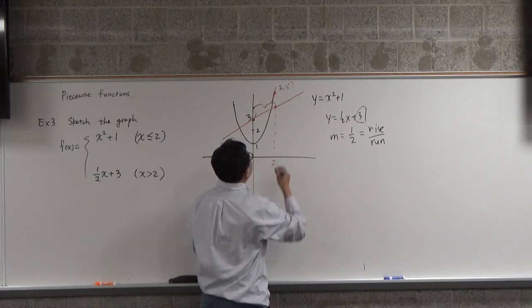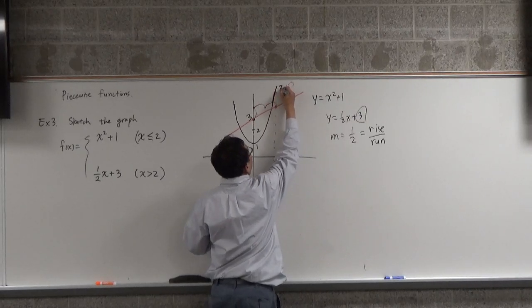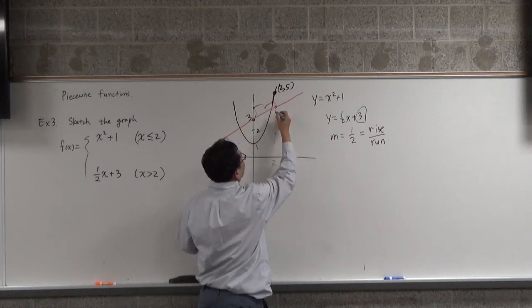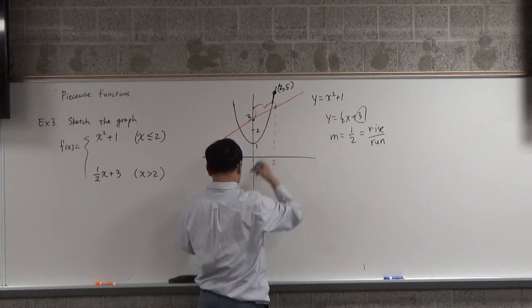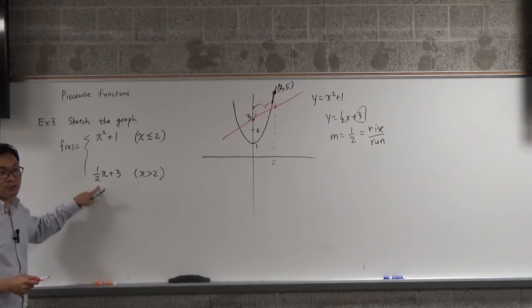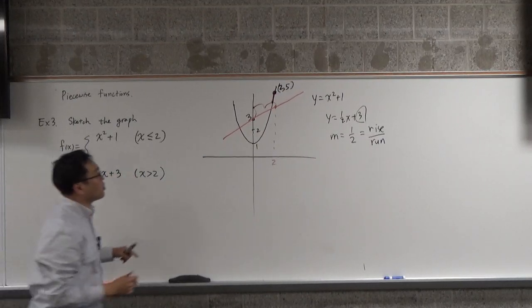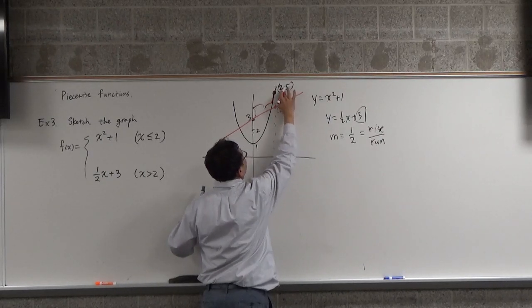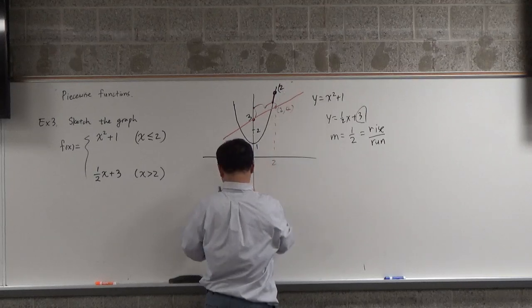So at 2, this point will be 2 comma 5 up here, where the graph passes through. Maybe I should really write it like this. On the other hand, if you plug in 2 here, what do you get? Half of 2 is 1 plus 3, which is 4, right? So this point here will be 2 comma 4. 2 comma 5, 2 comma 4.